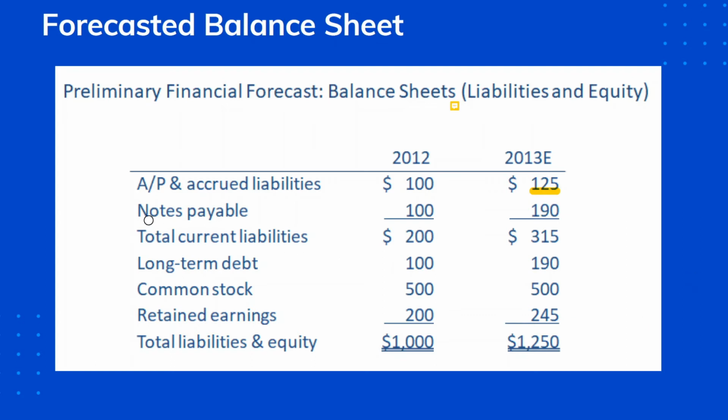For the notes payable, long-term debt, and common stock, these are accounting items based on financing decisions, so we do not apply the percent of sales approach for these financing items. We're going to calculate them in the end.